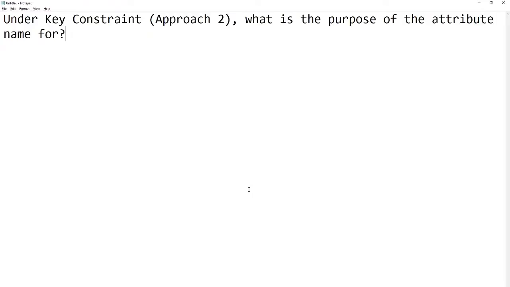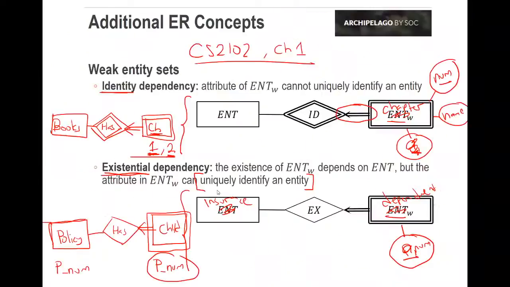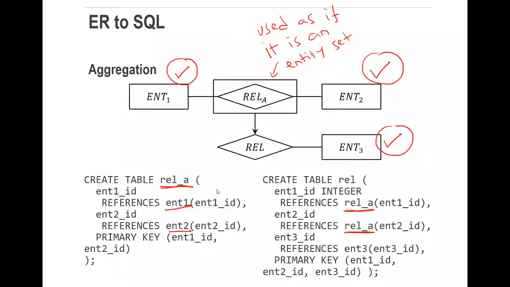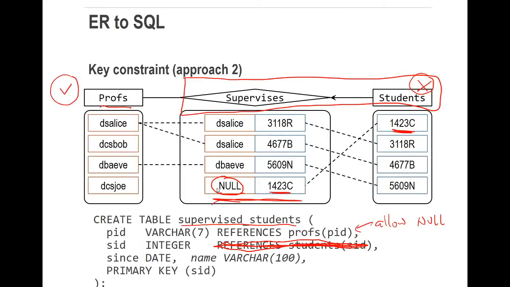There's a key constraint. What is the purpose of attribute names? Name is the student's name.